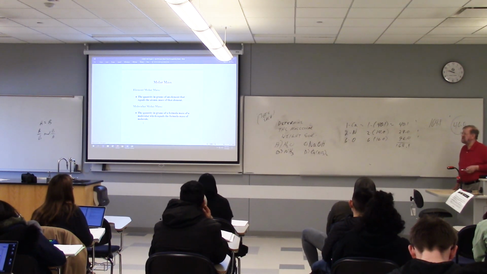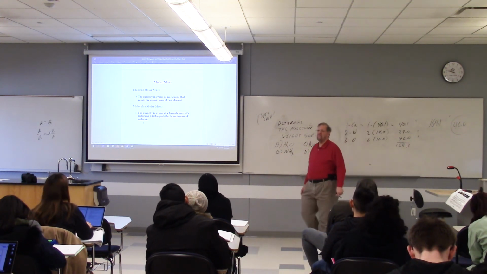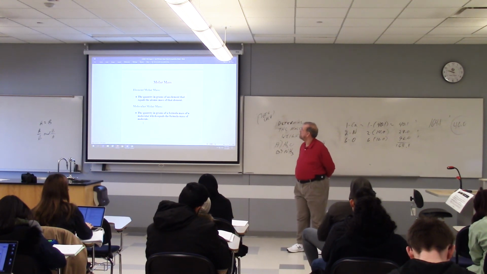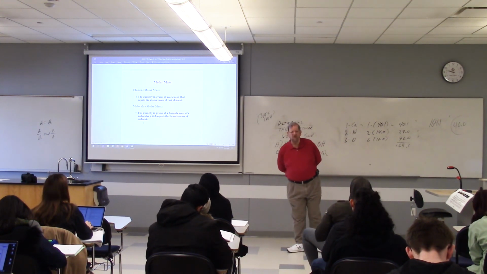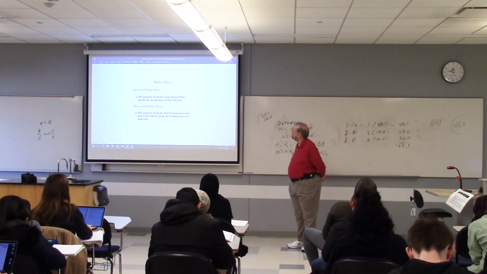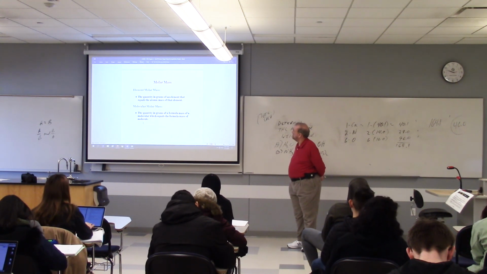Now, why do you need to know molecular weight? Well, the most important concept when it comes to moles is molar mass. And molar mass is a way of determining other things. And for elements, what's the mass of 1 mole, otherwise known as molar mass? That's equal to the quantity in grams of that element that equals the atomic mass of the element.